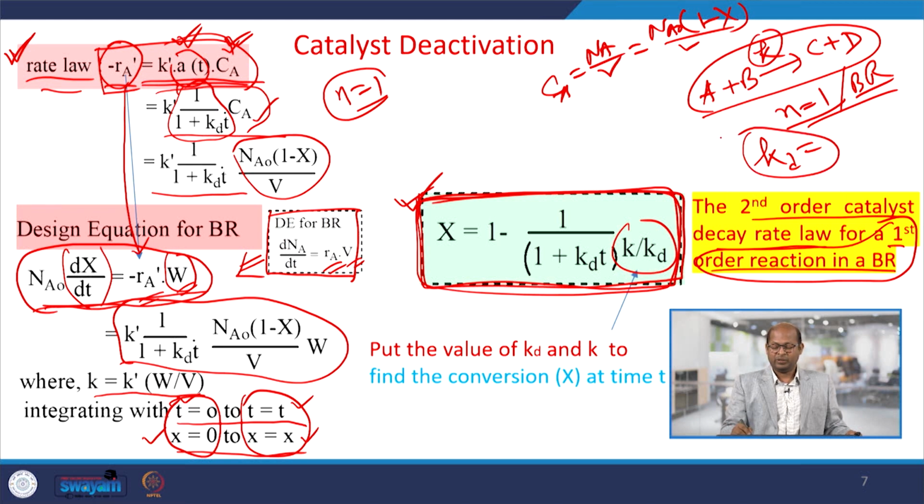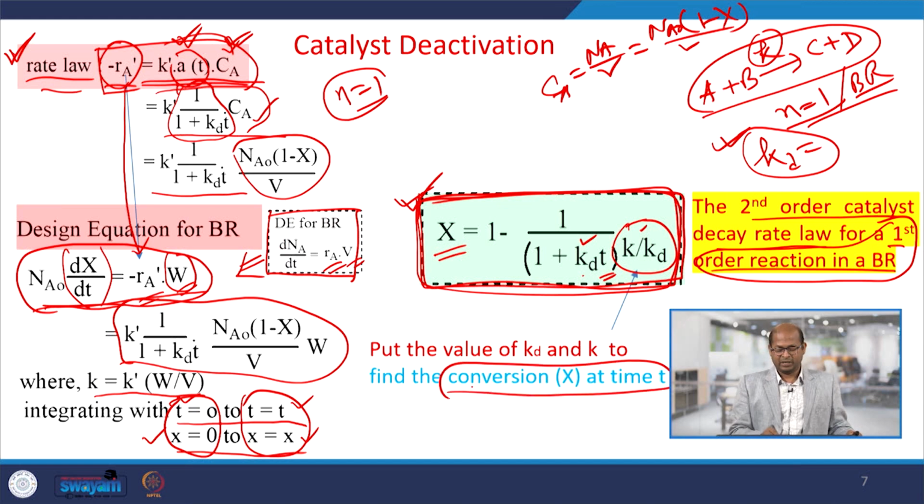If you know the reaction rate constant for a particular reaction and the catalyst deactivation rate constant, and put them here, and we conduct the reaction at different times under those conditions, then how the conversion will vary with time, we can easily evaluate. We can find out the conversion as a function of time.